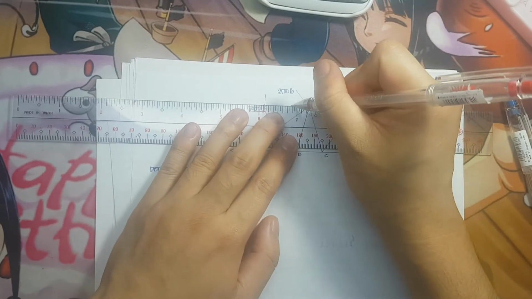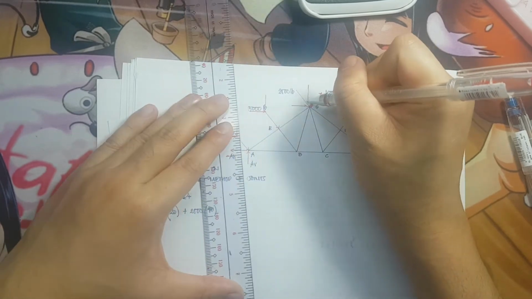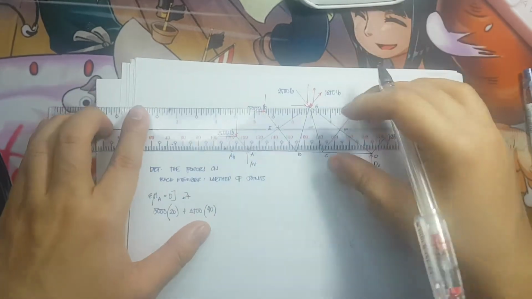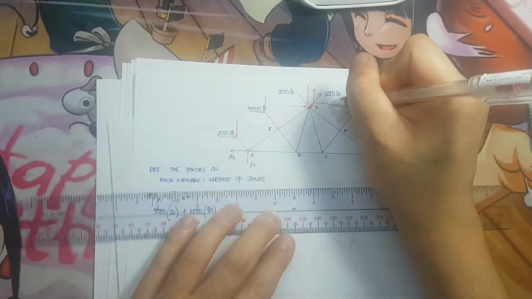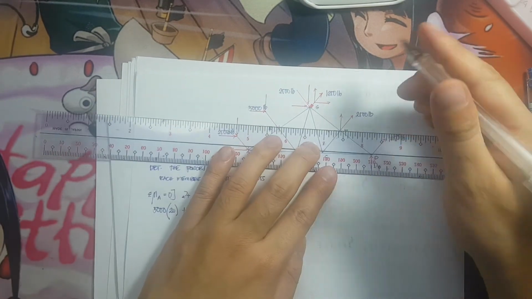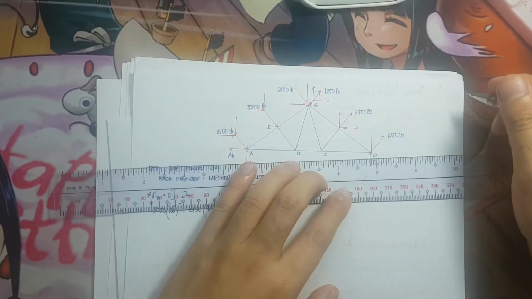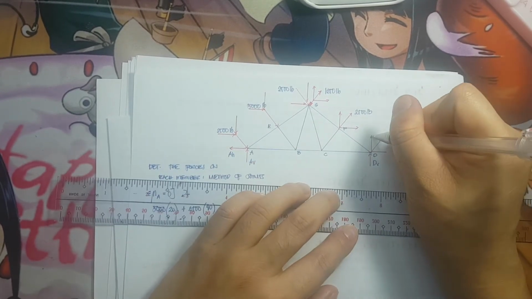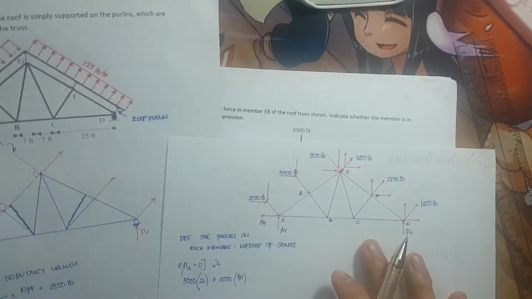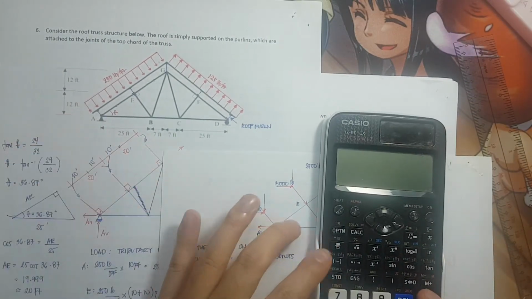So we have here, take note that the slope here is 24 over 32.